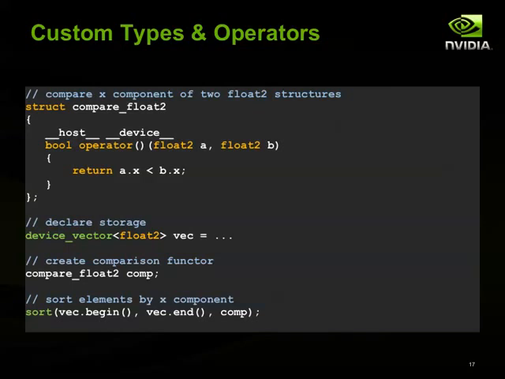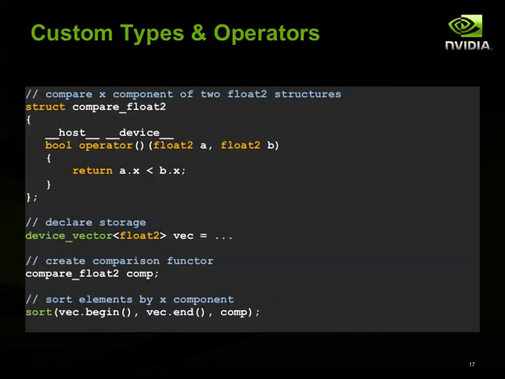I tell it how to compare two float2s. In this case, I'm just going to sort float2s based on their x component. I'm going to ignore their y component. And this will give me, after I call this sort algorithm in Thrust, an array of the float2s that are sorted by their x component. I could change this if I wanted to. I could sort based on y or some combination of x and y.